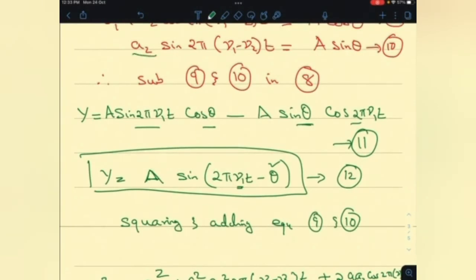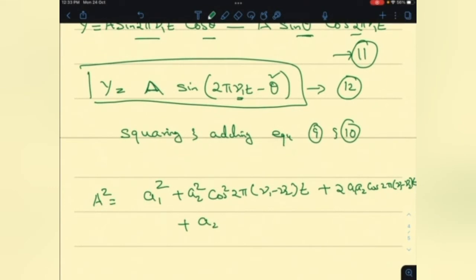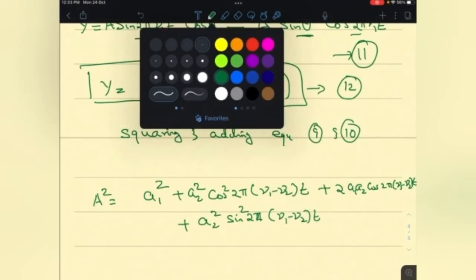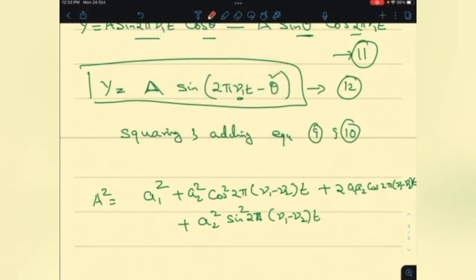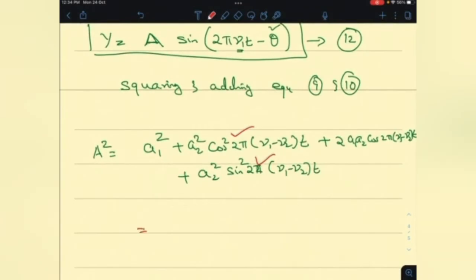So look here, we have A2 square cos square 2 pi nu 1 minus nu 2 and A2 square sin square. If you take A2 square common, this will become 1. So this is equal to A1 square plus A2 square plus 2 A1 A2 cos 2 pi nu 1 minus nu 2 into t, and your A will be just the square root of this equation. So that's my equation number 13.